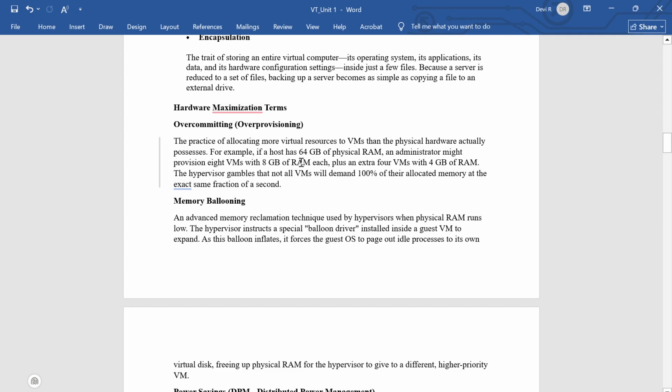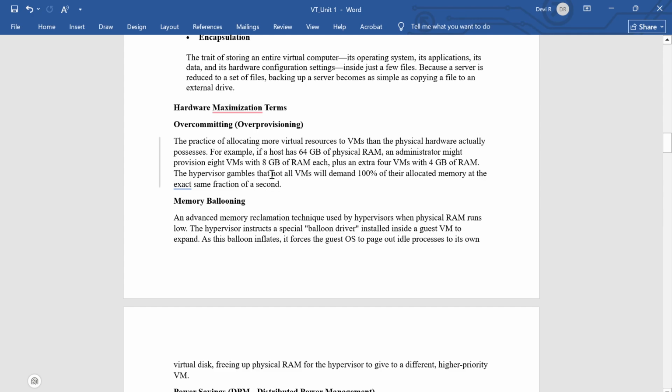For example, if your host has 64 GB of physical RAM, an administrator might provision 8 VMs with 8 GB each. Automatically all 64 GB will be fully occupied, so it will lead to overloading of the system, plus an extra 4 VMs with 4 GB of RAM. This is leading to overcommitting, and the system will shut down immediately. That is the disadvantage if you are overcommitting.